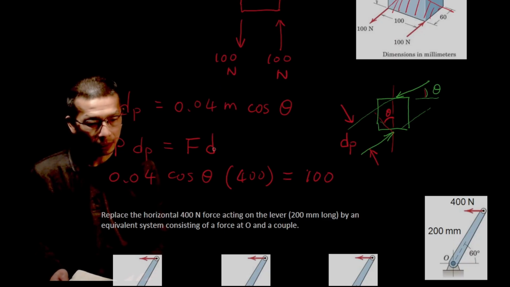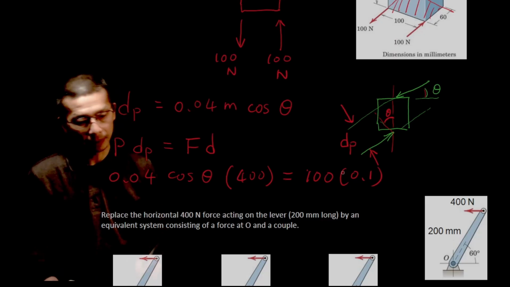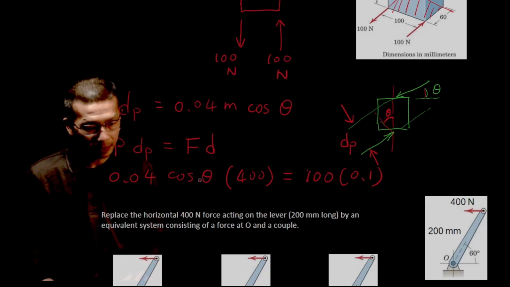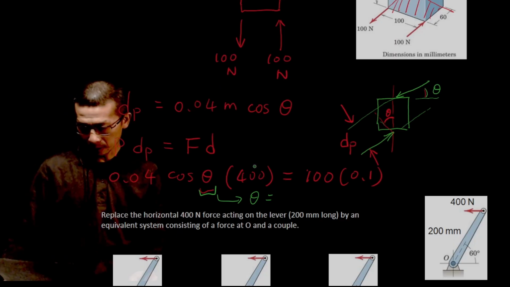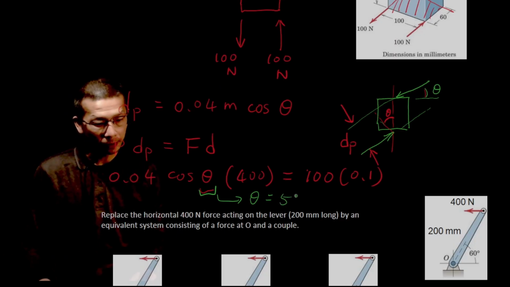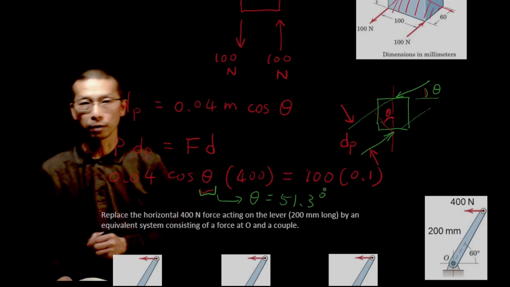D is 0.1. That's right. Okay, so we can find this theta here. You should get 51.3 degrees. So try that.